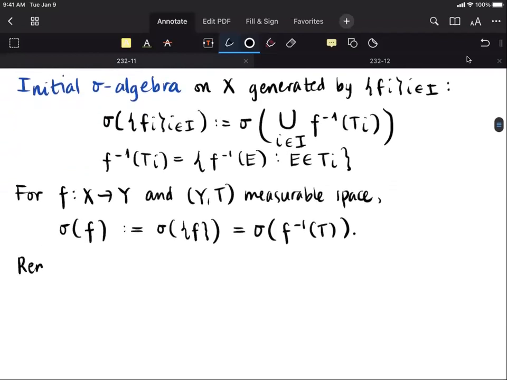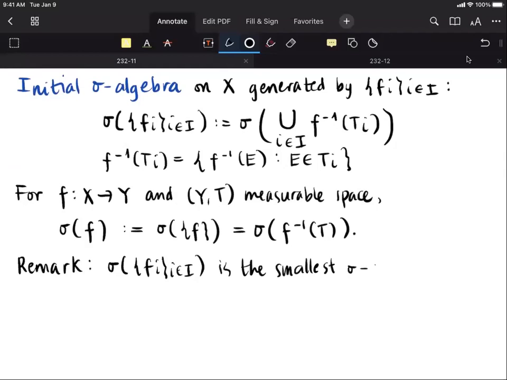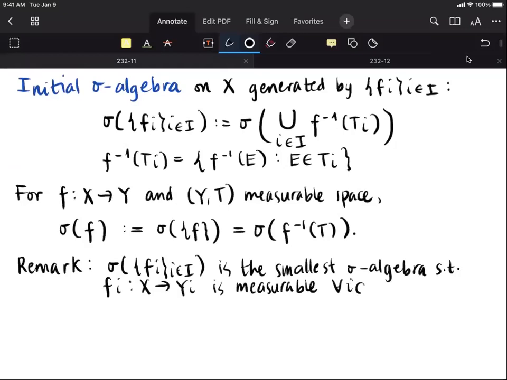First remark: I would like to point out here that it can be shown that this initial sigma algebra is the smallest sigma algebra in such a way that the functions f sub I from X to Y sub I are measurable for all I in the index set.